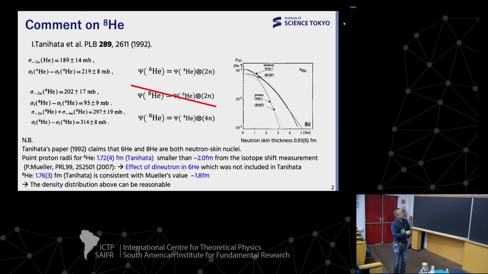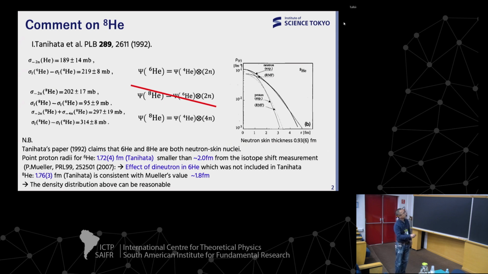But this paper also claims that helium-6 is a neutron skin nucleus. This is a little bit controversial with what I said yesterday, that helium-6 is a neutron halo nucleus. But there is some difference between the current interpretation and theirs.